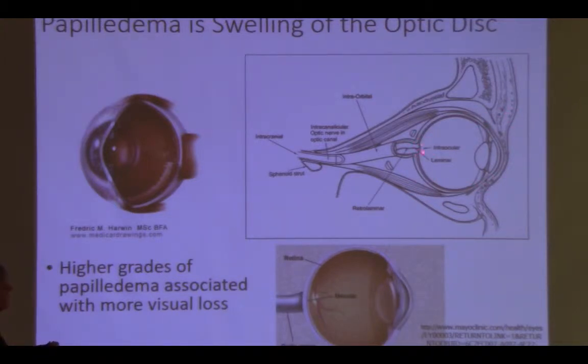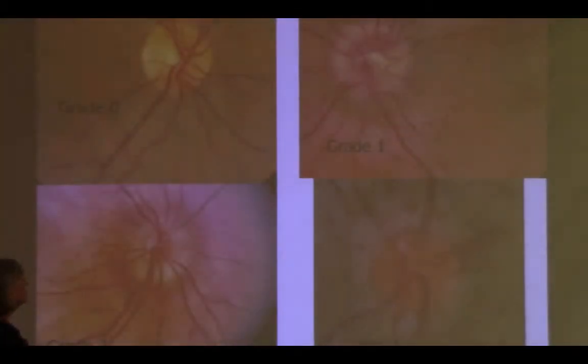And this is what swells, because when the pressure goes up, it keeps the fluid from being transmitted, and there's a backup of fluid on the disc, and it gives you this swollen disc, and I'll show you what that looks like. And the more papilledema you have, the more likely it is that you're going to lose vision.